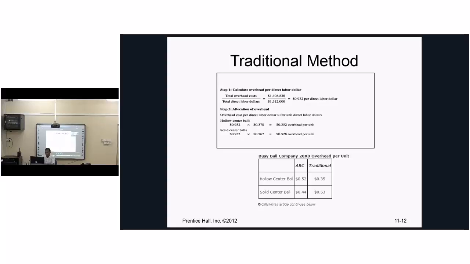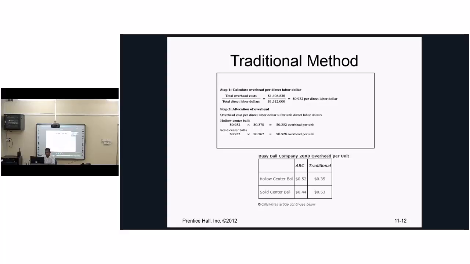Okay, now here you have the comparison. Hollow center ball, if you do the costing as per the traditional method, it is going to cost us 0.35. However, if you do the activity-based costing, it is going to cost us 0.52. Solid center ball, if you do the traditional method, it's going to cost us 0.53.